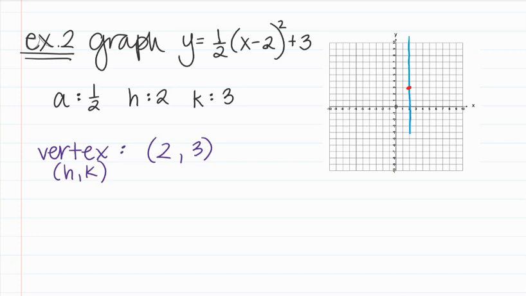So now we need to know, does our graph open up or open down? Now 1/2 is positive, so it's going to open up. Right, so A is positive, so it opens up.